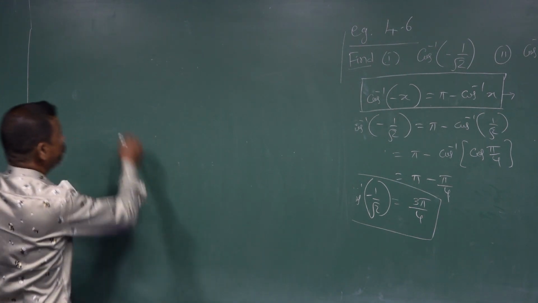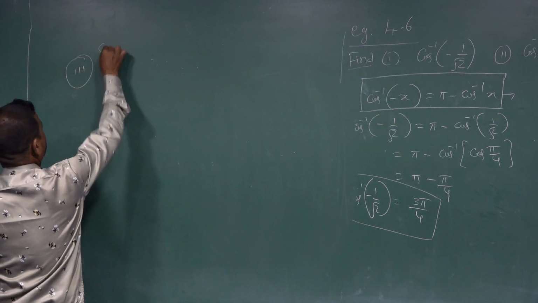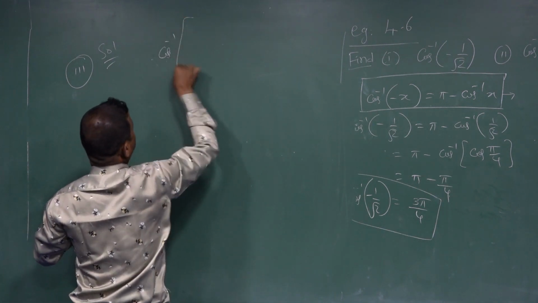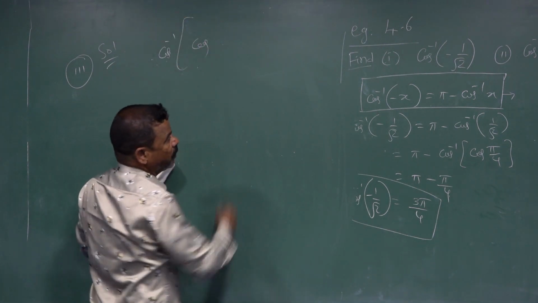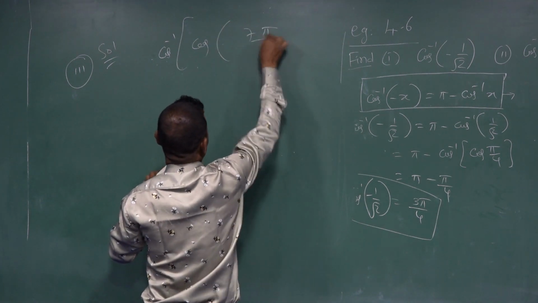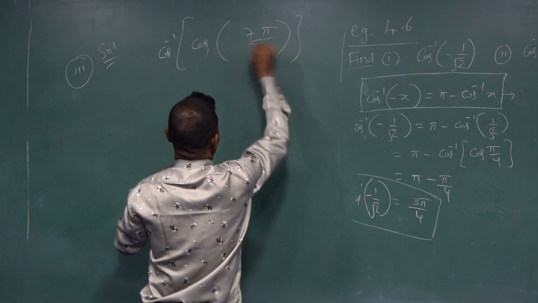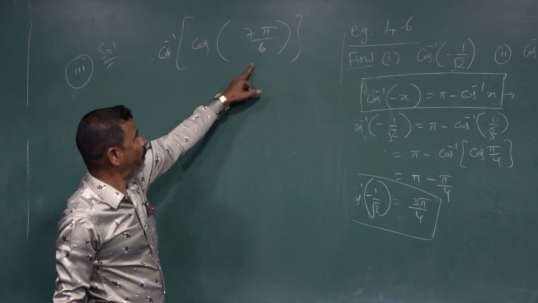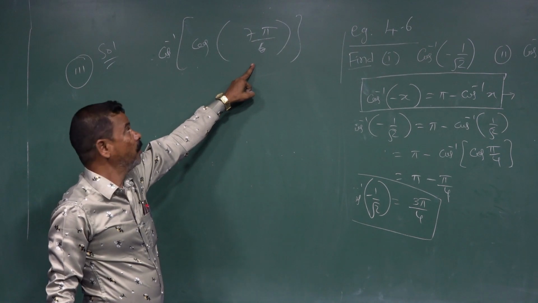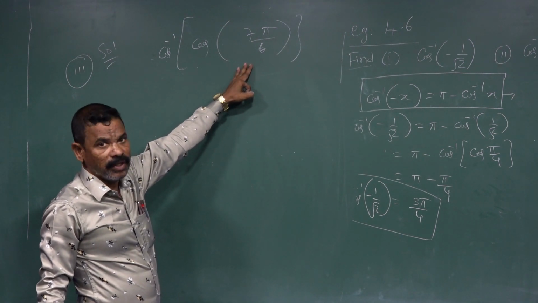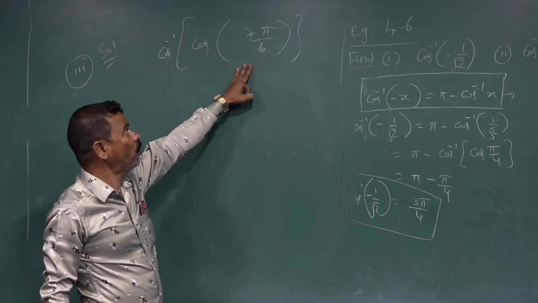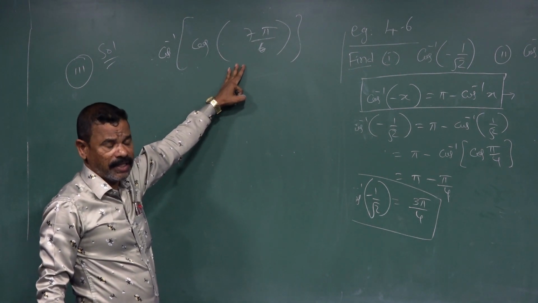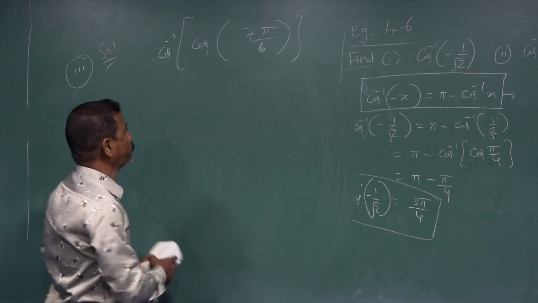Come to the third problem. What is the third problem? Cos inverse of cos 7π by 6. You see here 7π by 6. We convert to a little value, 0 to 90, otherwise 0 to π.